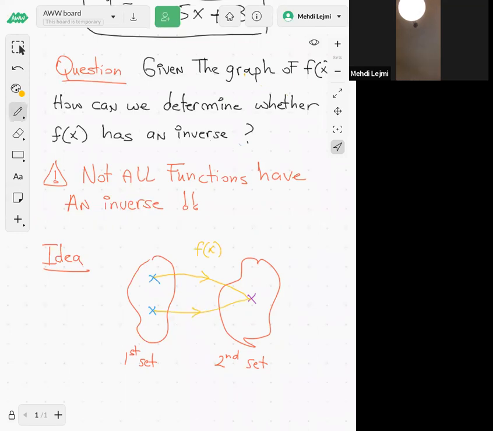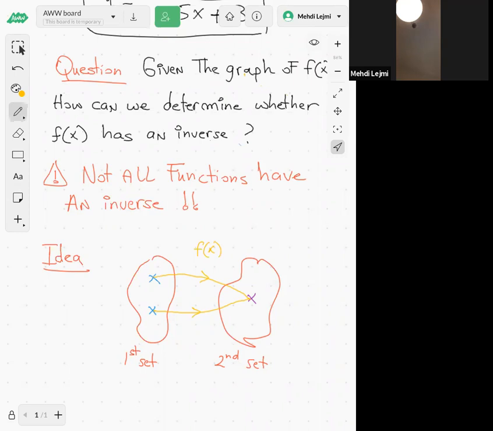So this correspondence is a function because remember, guys, each input has exactly one output, right? It doesn't matter if two inputs have the same output, but what's important is that each input has exactly one output, right? So this is a function, right?